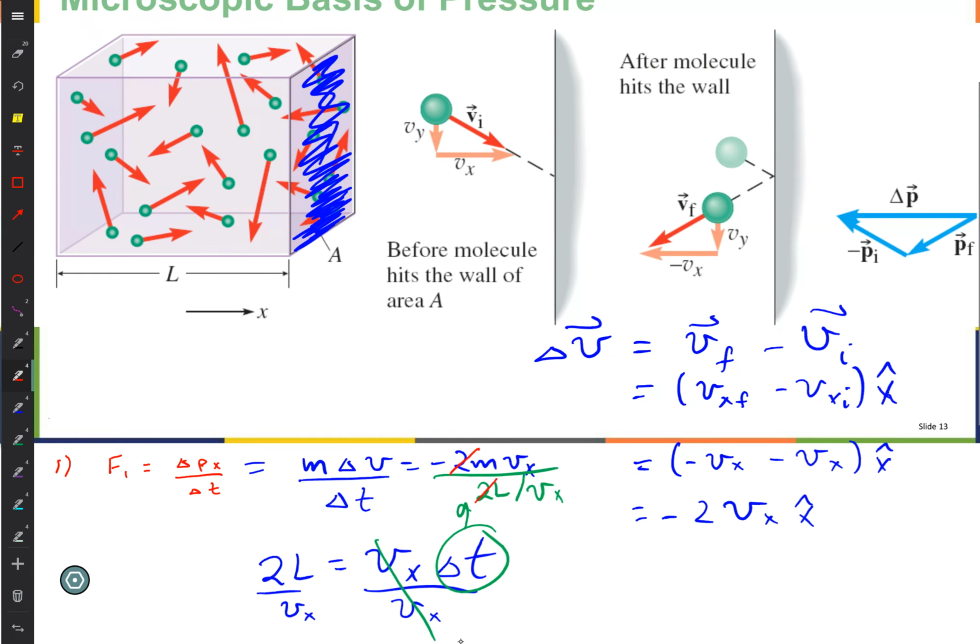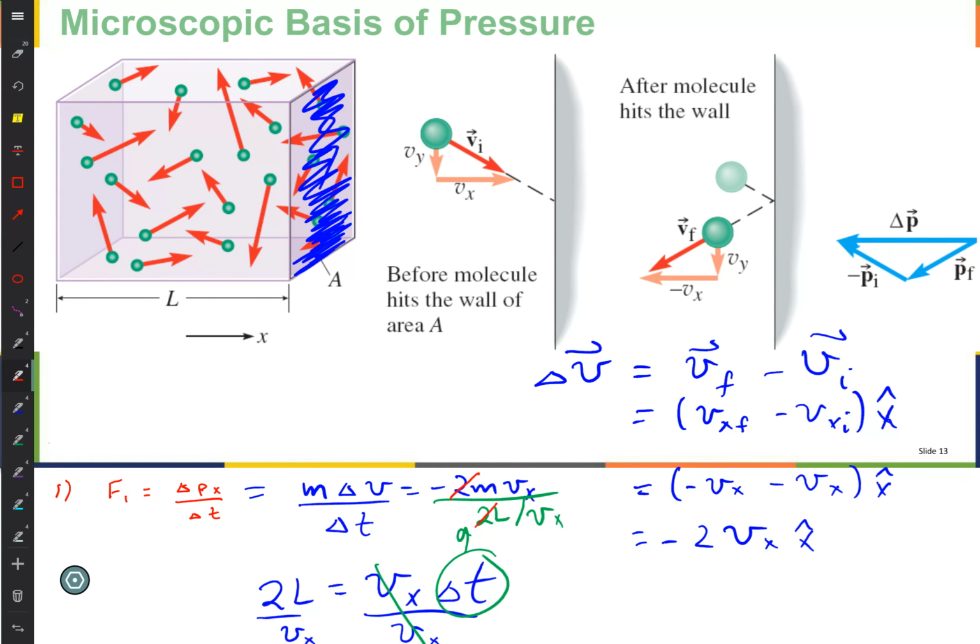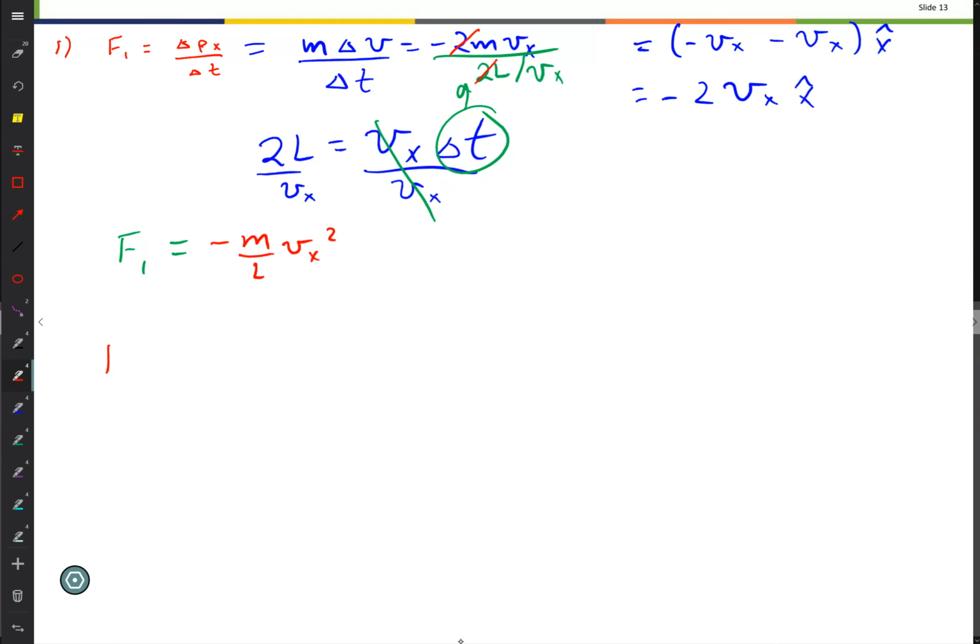Now this container up here has more than one molecule in it. And so I'm going to have to now generalize and say, okay, I have a bunch of molecules. What do I do to find the average force due to a bunch of molecules? Well, I would have force total is equal to force 1 plus force 2 plus force 3 plus etc., right?